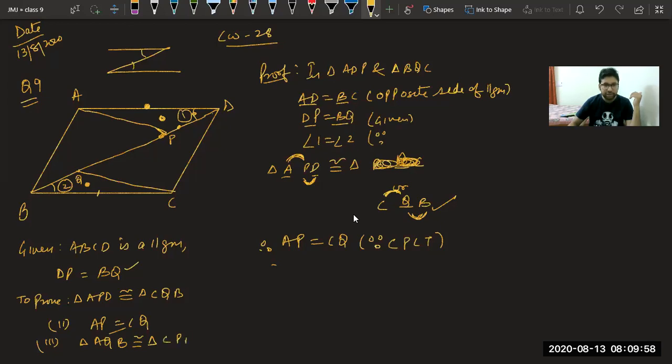Same thing as we have seen in the last case. This time we have these triangles, AQB, that is this triangle, and the second triangle is CPD, that is this triangle. Again same things, we can say AB is equal to CD because opposite sides of parallelogram.